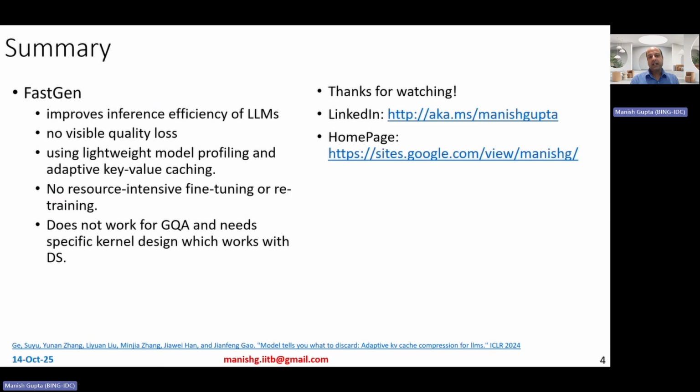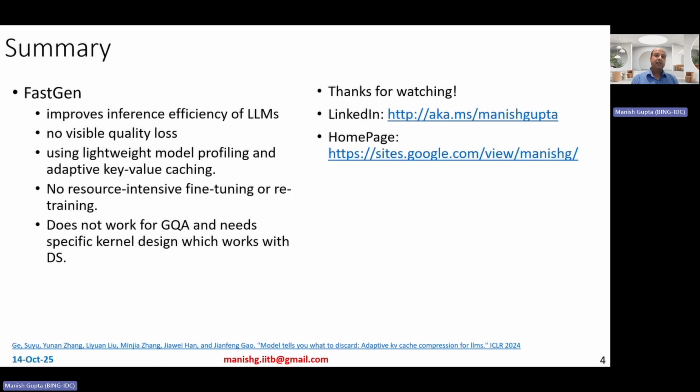So basically it uses adaptive key value caching. The best part about this way of doing things is that it does not involve any resource intensive fine tuning or retraining. It is totally inference time only.